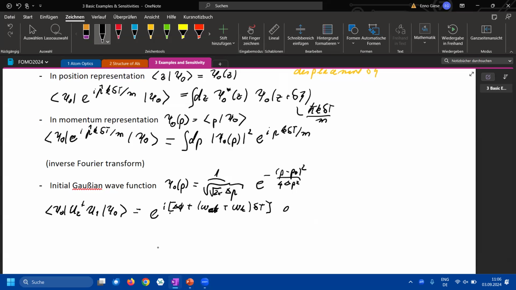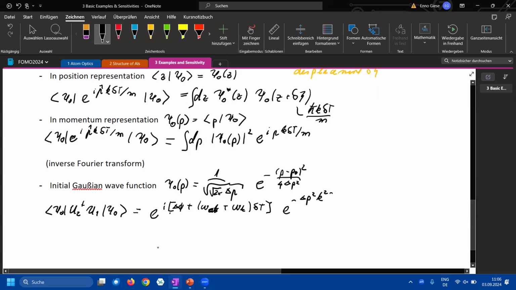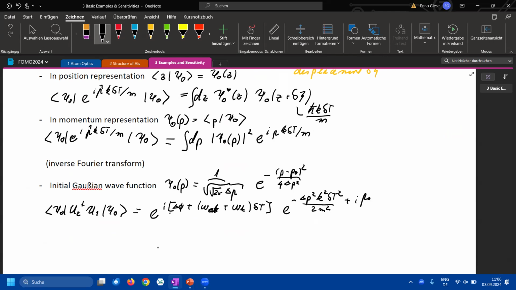And then I've just put in the Fourier transform, and that's minus delta p squared times k squared times delta t squared divided by 2m squared, plus i times p naught, the initial momentum now enters, k times delta t over m. This is just a Fourier transform of that Gaussian.